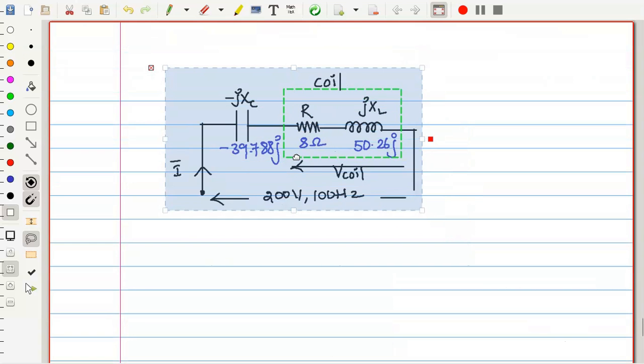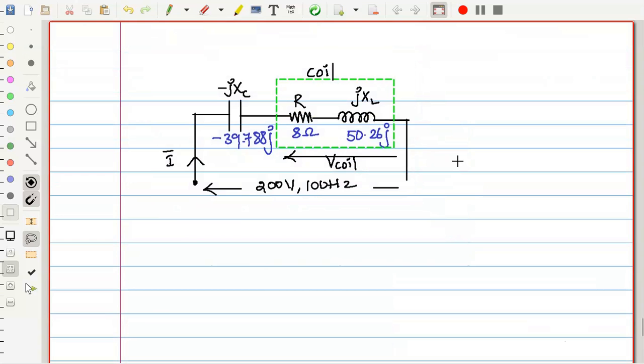So here I want the voltage across the coil, for which I will first give the general idea. Think about the coil voltage like this. Can I write the coil voltage as V coil phasor equal to the current through the coil, I phasor, into the impedance of the coil, let me call it Z coil, the coil impedance?